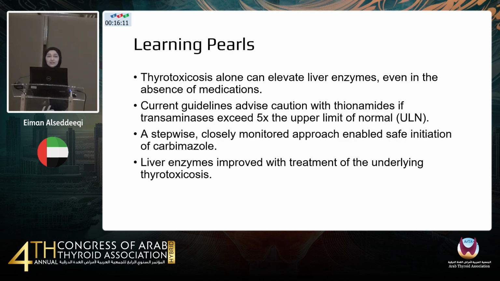So the learning points from this case: thyrotoxicosis alone can elevate liver enzymes, even in the absence of medication. That's important to note before you start your medication. Current guidelines advise caution with thionamides if transaminases exceed 5 times the upper limit of normal. And the liver enzymes will improve with the treatment of Graves' disease or the underlying cause.